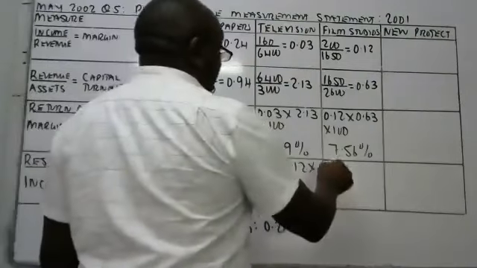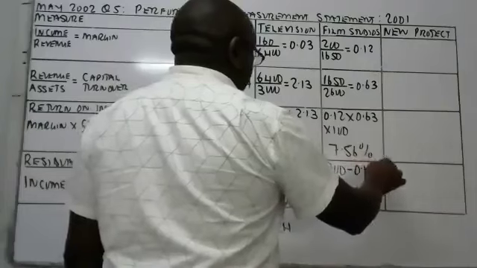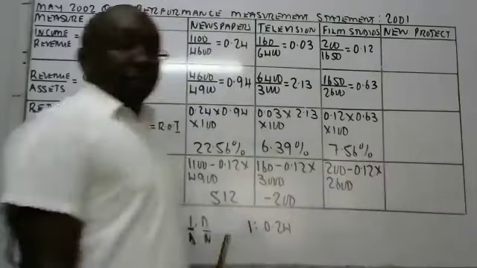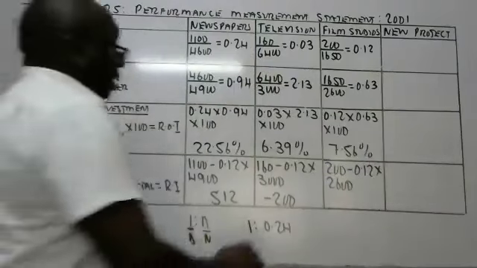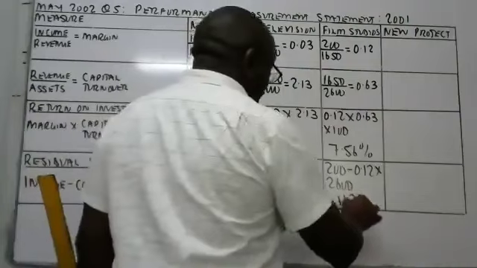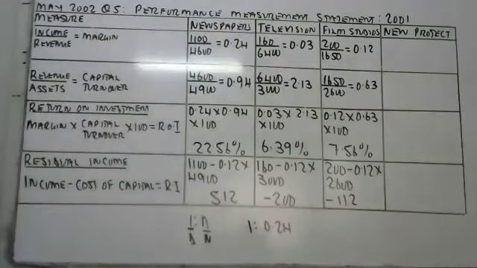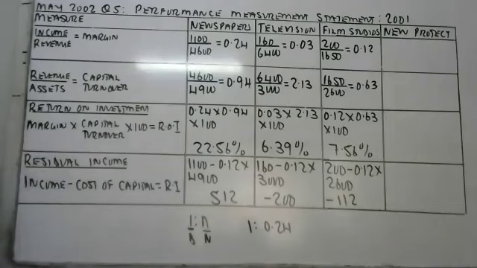Then again 200 minus 0.12 times 2,600. Minus 112, right? So again, in terms of the profit shared by your capital providers, newspapers still emerge the best.